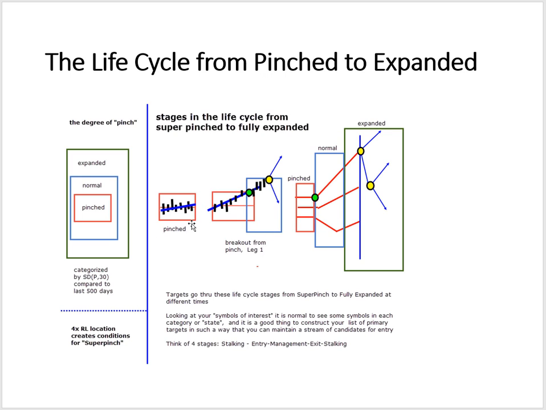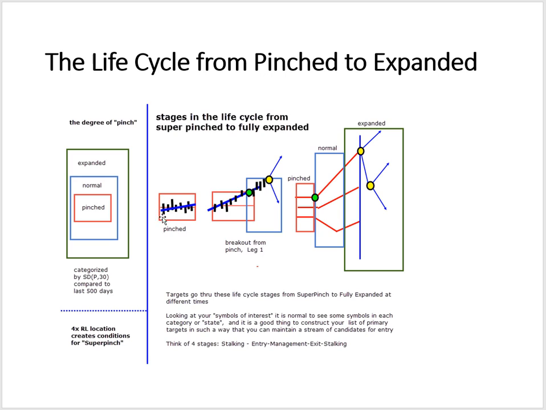So if we were to look at this movement from pinch to normal to expansion in a typical pattern, we might see something that has become abnormally pinched, which features a very low amount of variation between closing prices in the last 30 bars or days, if you're a swing trader looking at daily candles. And so the price action is sideways for 30 days, and you would see the RL10 slope being basically flat.